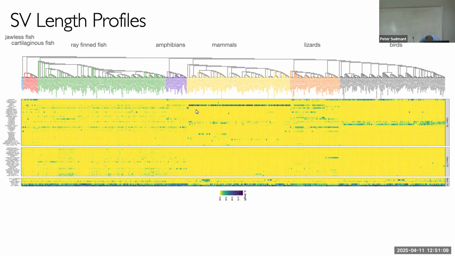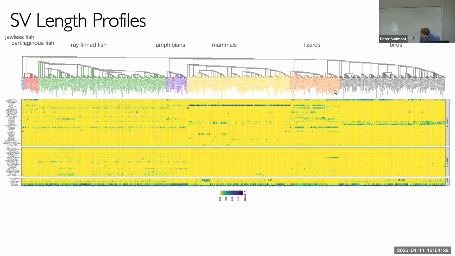No, this is LINE, sorry, this is the LINE peak here. This is a massive bunch of LINEs here. And over here these are LTRs in lizards. There's a huge expansion of LTRs in lizards. Is it the count? Yes, it's the count, but it's been normalized to the size.